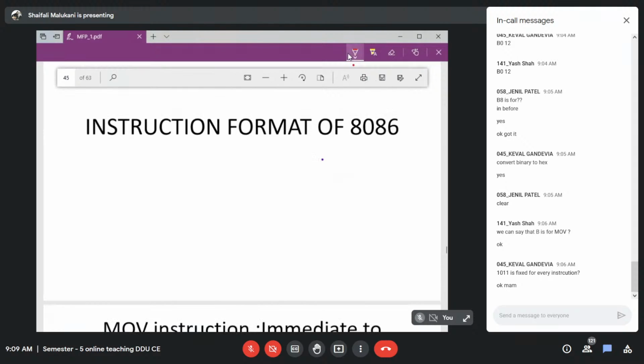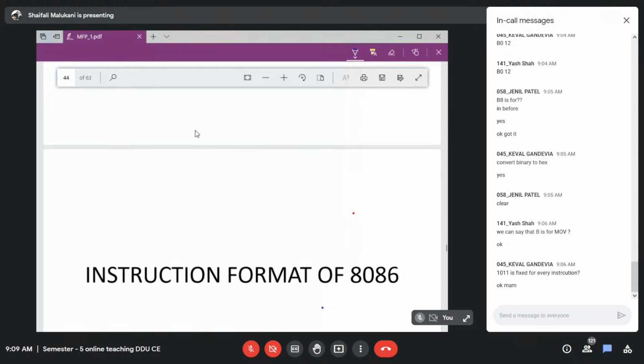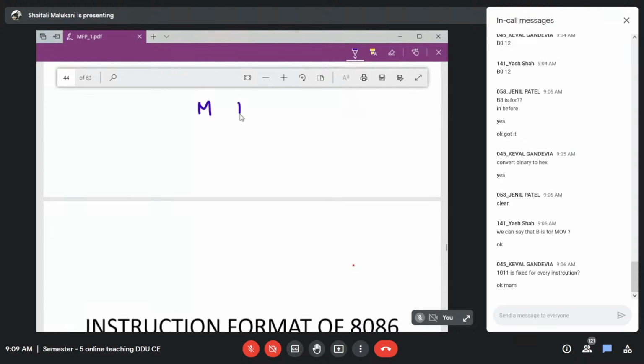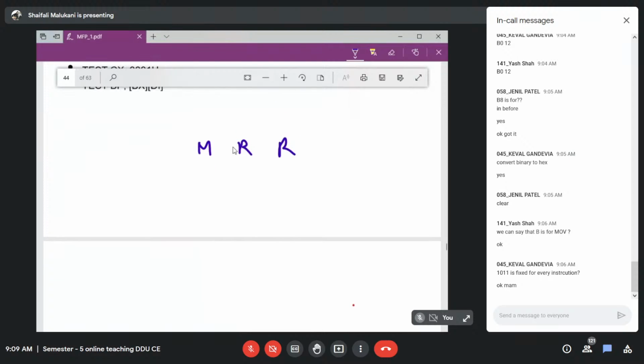the cases. What are the cases that we have? We have move instruction between register to register, right?